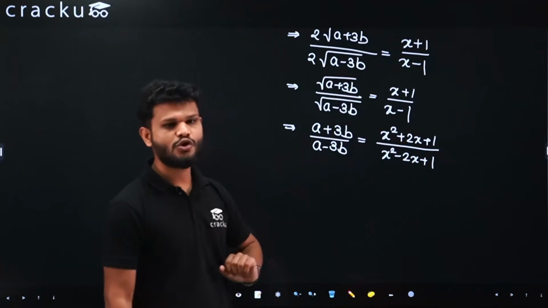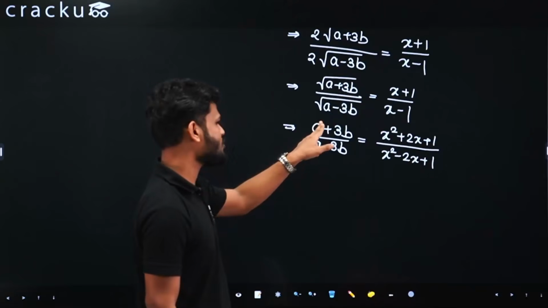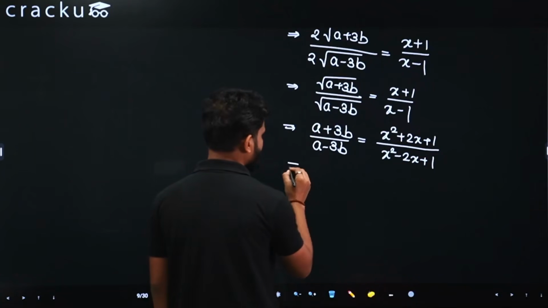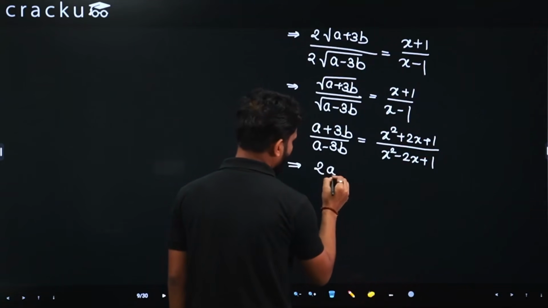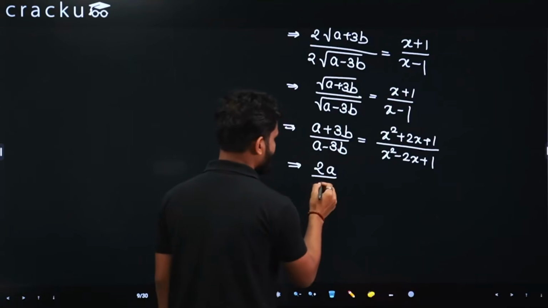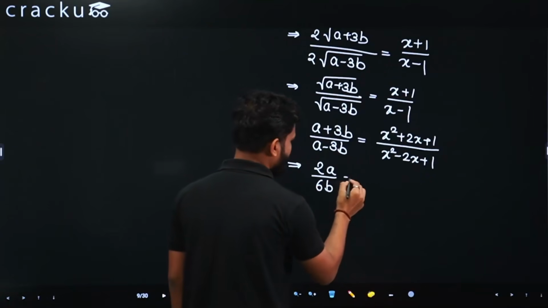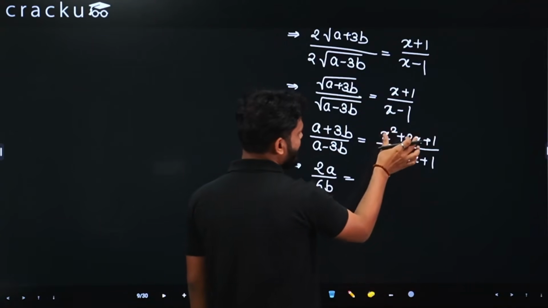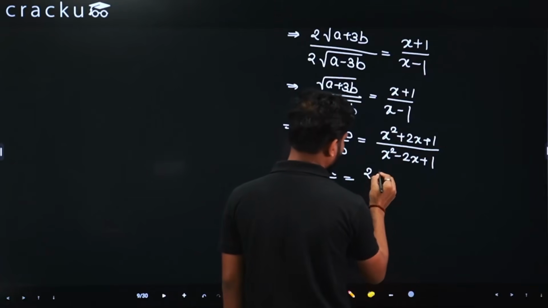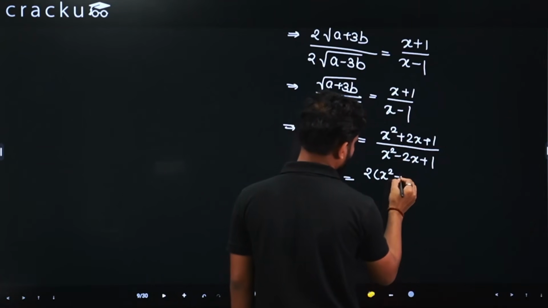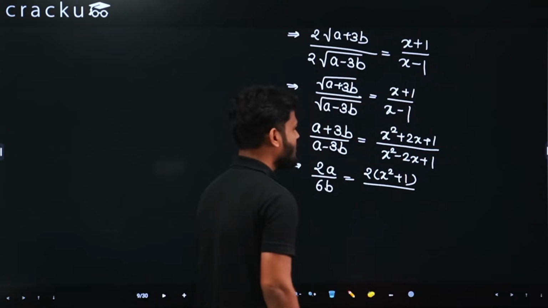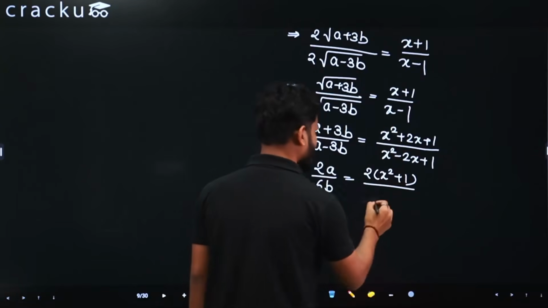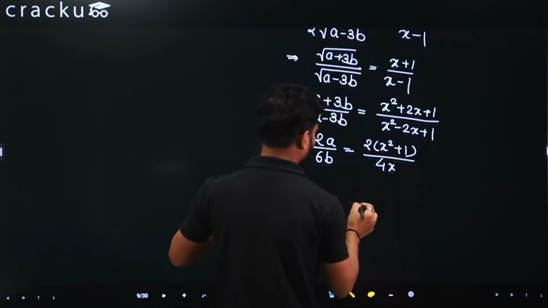Now again you can use componendo dividendo. How can you use? Numerator plus denominator, which is 2a, upon numerator minus denominator, which is 6b, is equal to numerator plus denominator, which will be 2 into x square plus 1, upon numerator minus denominator, which will be 4x. From here what you get?